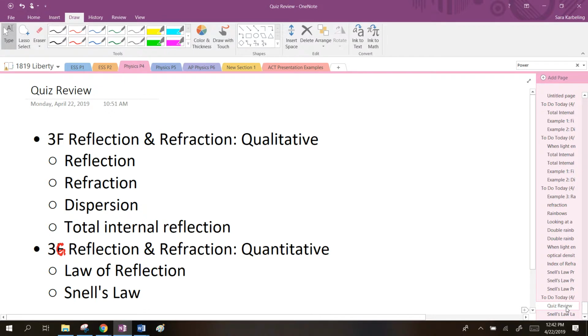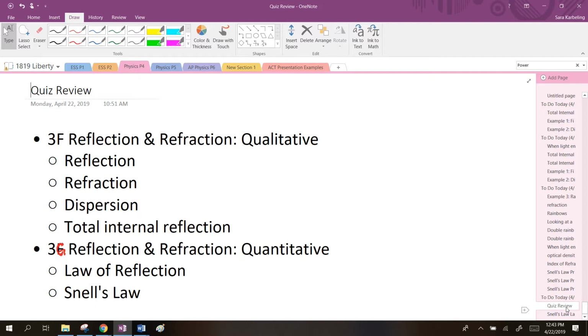Here's what's on the quiz for tomorrow. There are 2 standards, 3F and 3G. 3F covers reflection, refraction, dispersion, total internal reflection. These are all qualitative ideas, so I'm going to ask you concept questions. I'm going to ask you to describe. We talked about diamonds, rainbows, and prisms and how they bend light. And then 3G is going to be the quantitative.